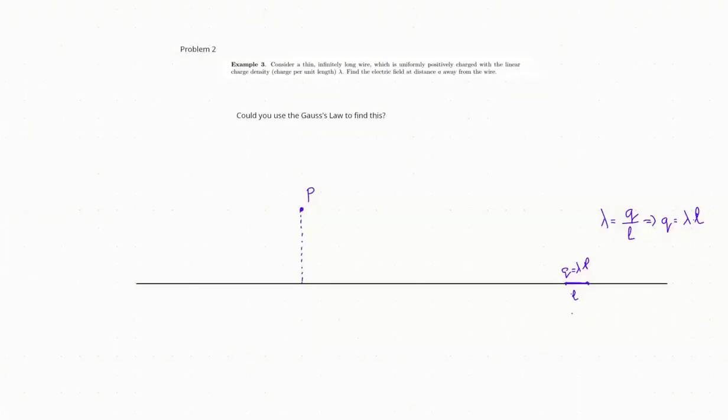Now, the first thing I'd like you to notice: imagine we have two sections. Section 1 is positively charged, and section 2 is also positively charged. Both of these produce an electric field. This is the electric field from charge 1, and section 2 is closer to P, so it's producing a slightly stronger field, E2.